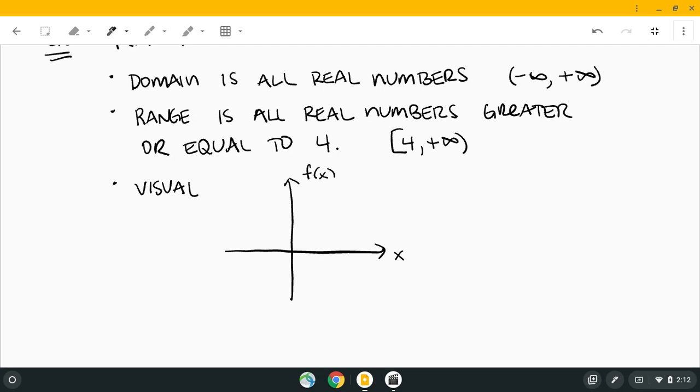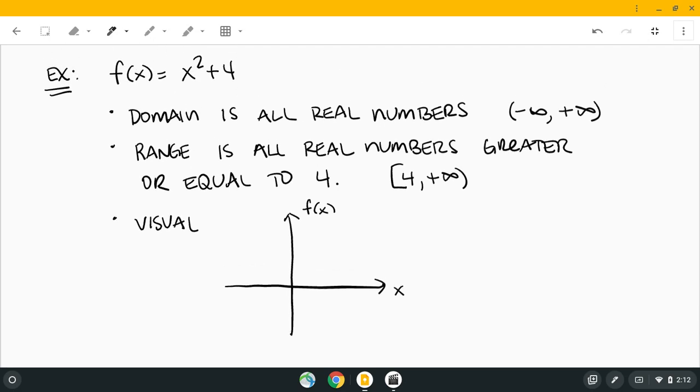Okay, so what happens is this function is the parabola shifted up 4 units. There's the vertex, there are 2 other points, and I get my parabola. Here we can see that the x values being used go on forever in both directions, and it just keeps getting wider and wider.